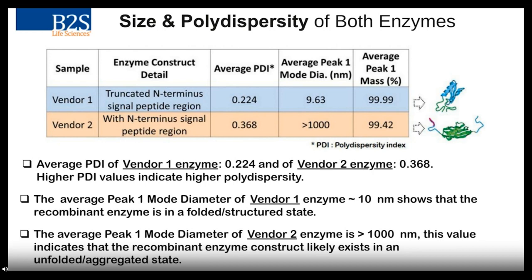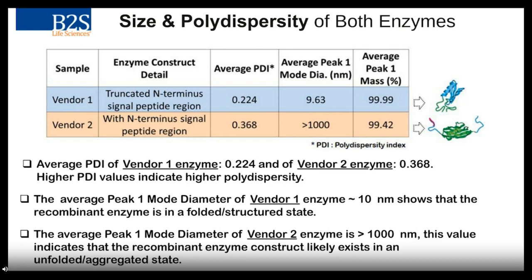One criterion which Kevin introduced but was not evident on those previous slides is the PDI. Again, that's the polydispersity index, and it is a measure of the uniformity of a sample. If you look at the vendor 1 material, it has a lower PDI, which indicates higher uniformity.